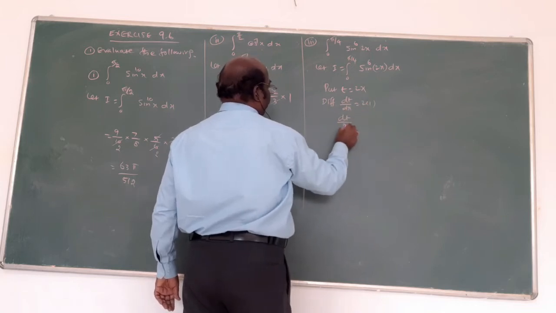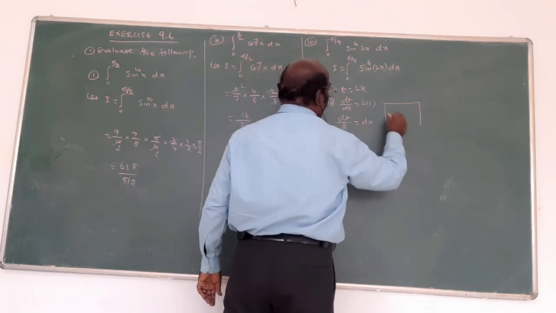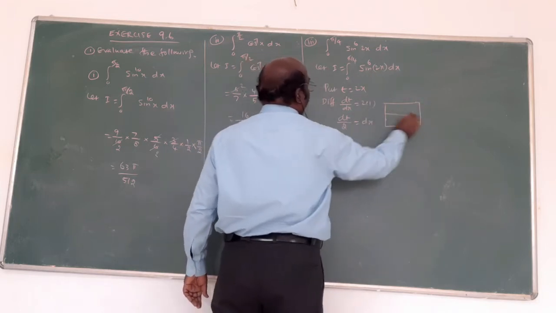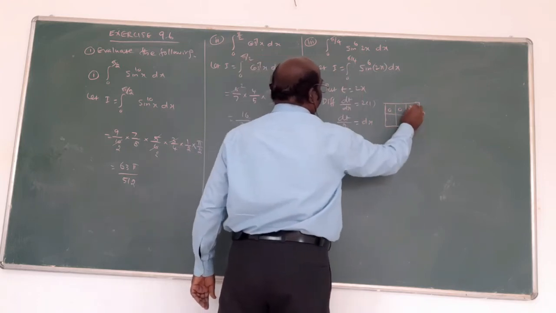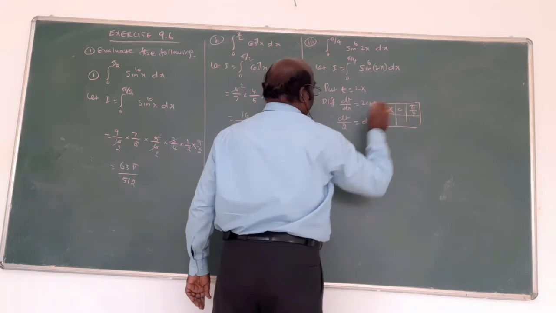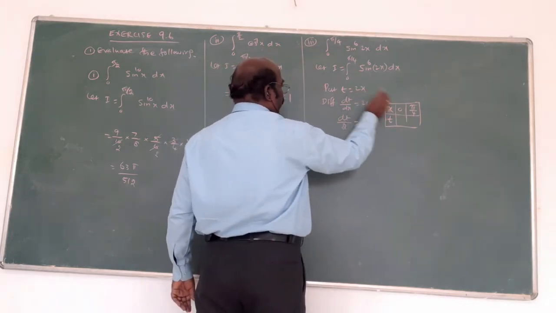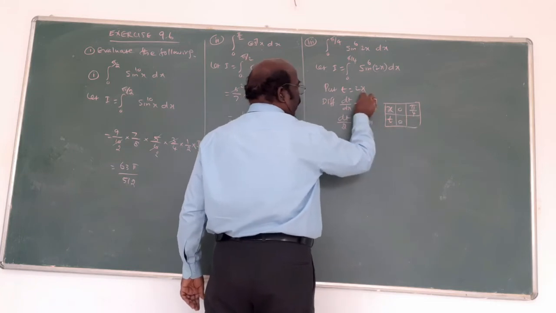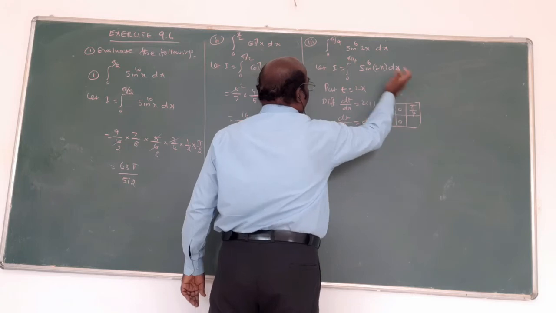Cross multiply: dt by 2 equals dx. Now change the limit. x goes from 0 to pi by 4. When x is 0, t is 2 into 0, which is 0. When x is pi by 4, t is 2 into pi by 4, which is pi by 2.